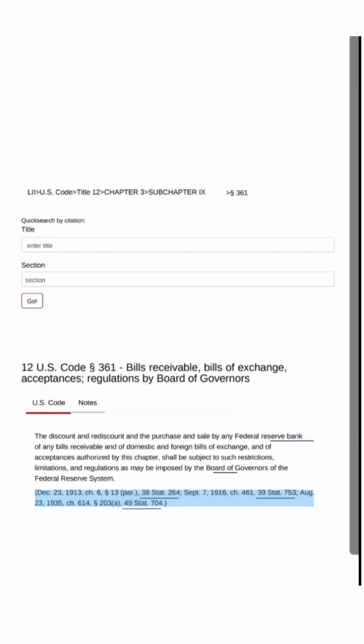December 23, 1913, ch. 6, § 13 par. 38 Stat. 264, September 7, 1916, ch. 461, 39 Stat. 753, August 23, 1935, ch. 614, § 203(a), 49 Stat. 704.